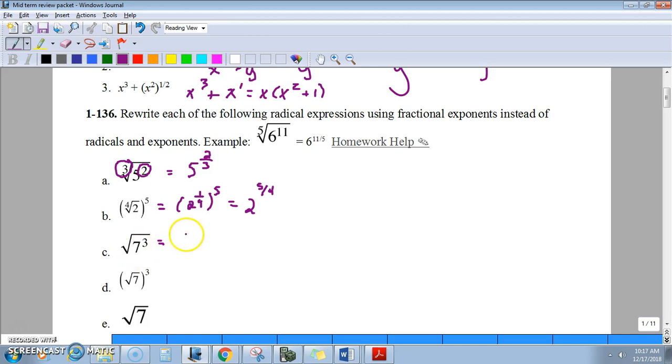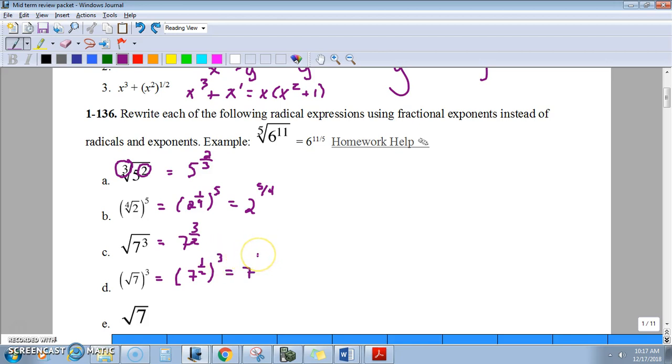Okay, square root of 7 cubed is going to be 7 to the 3/2, because it's the square root. Well, let's do this. On the inside of my parentheses, the square root of 7 is going to be 7 to the 1/2, cubed is going to be equal to 7 to the 3/2 when I multiply. And that looks like a fraction, but it's an exponent, right?